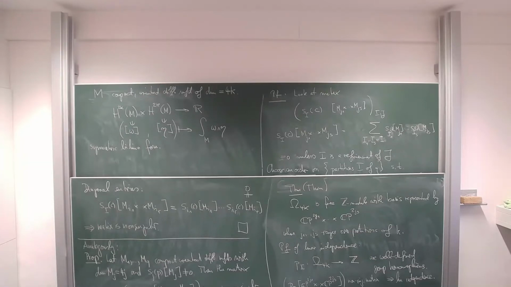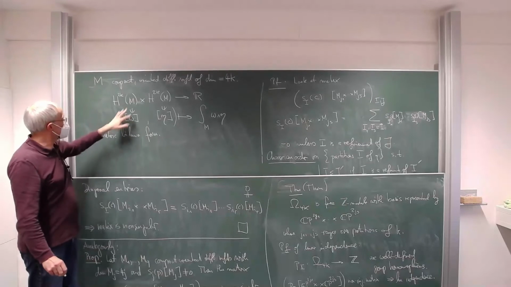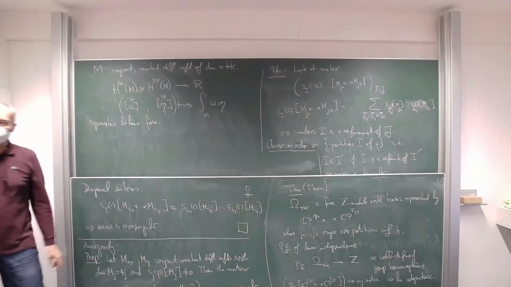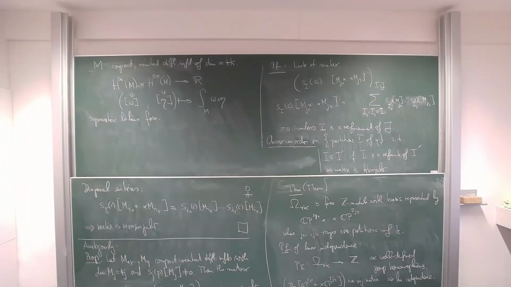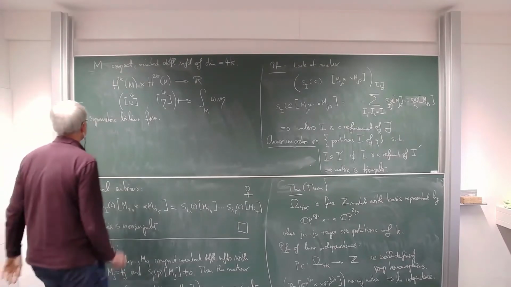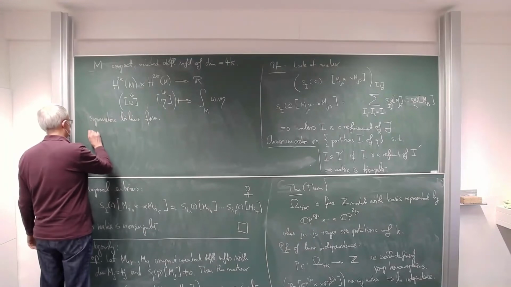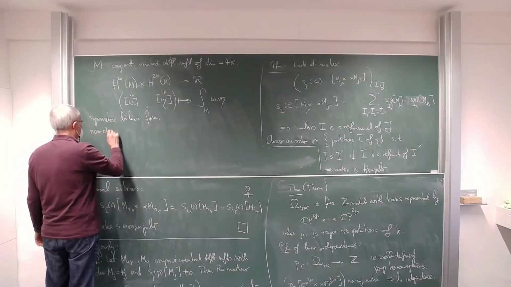Okay, anyway, any bilinear form on a finite dimensional real vector space has a signature. It's actually a non-degenerate symmetric bilinear form here. We haven't proved that.